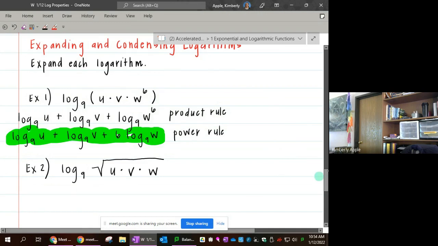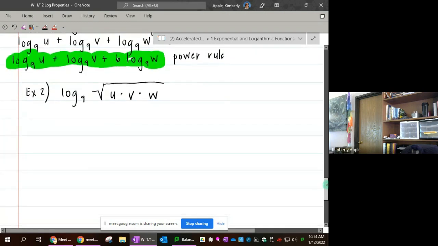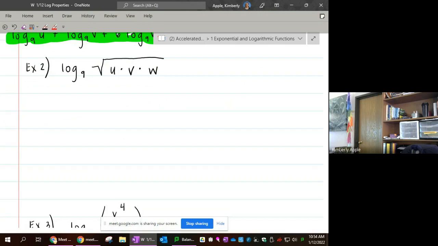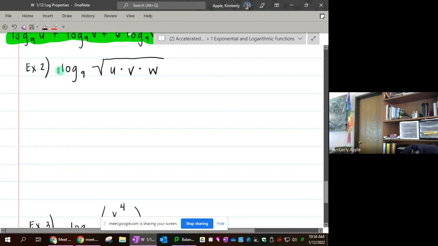So when you look at something like number 2, before you even start applying the rules of logarithms, you need to make this look like a product, a quotient, or a power. It currently does not look like a power. There's a root. But I don't recall learning about the root rules for logarithms, right? So let's change this real quick.